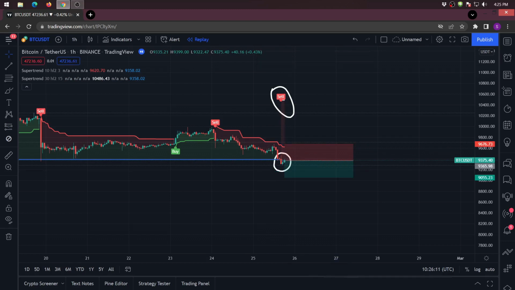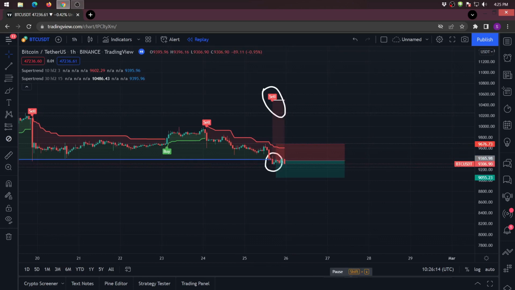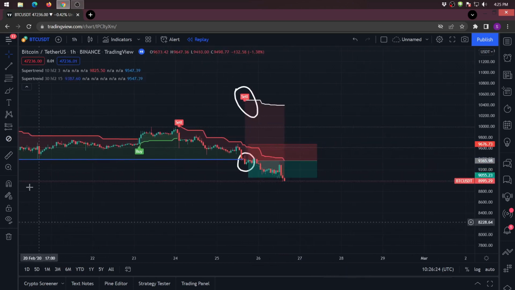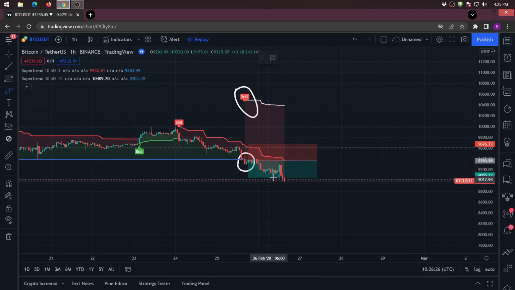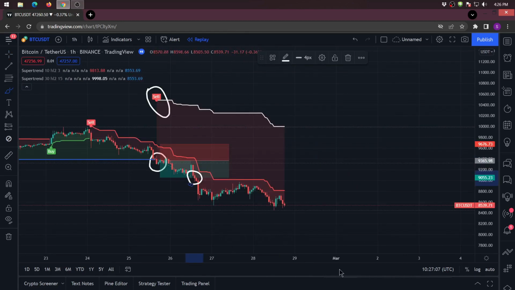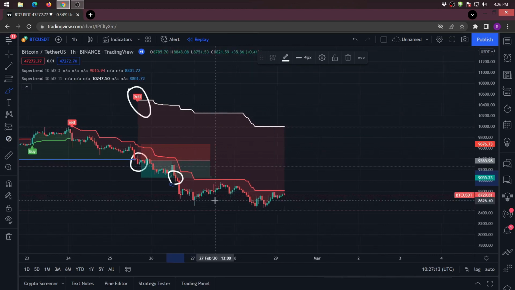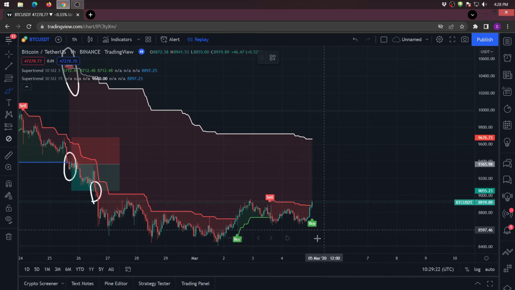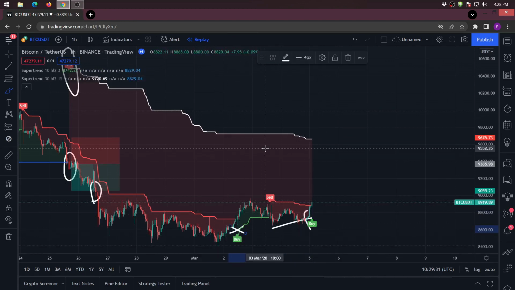And as I see, the price is going down and after a few candles successfully hits our profit target and it counts as another successful trade. So if you have risk management knowledge, you can increase your profit target. And after a few candles you can see a buy signal, so we avoid all the buy signals because the market is bearish and we just take all the sell signals.